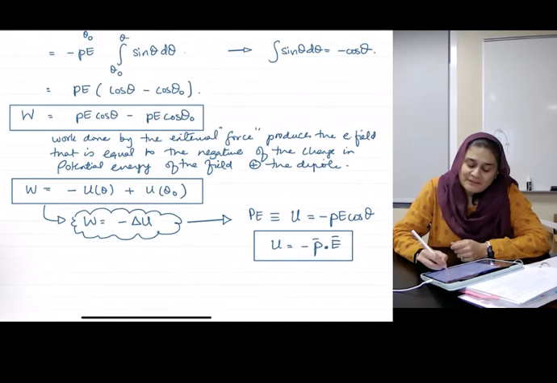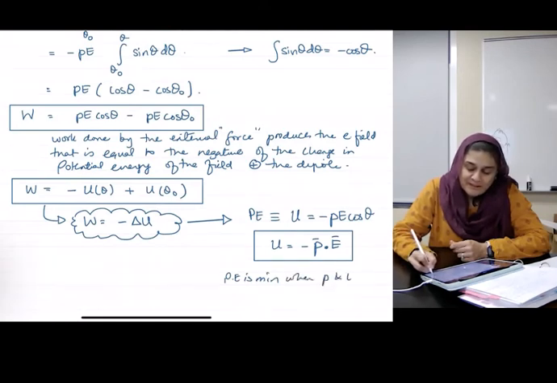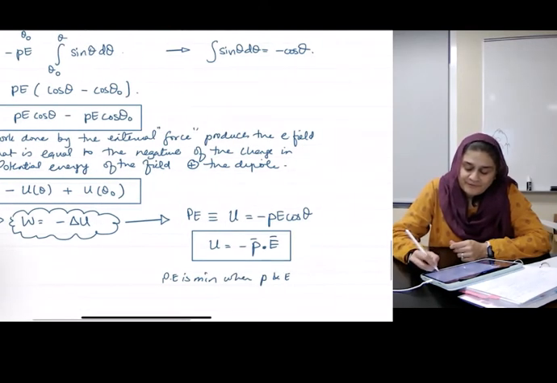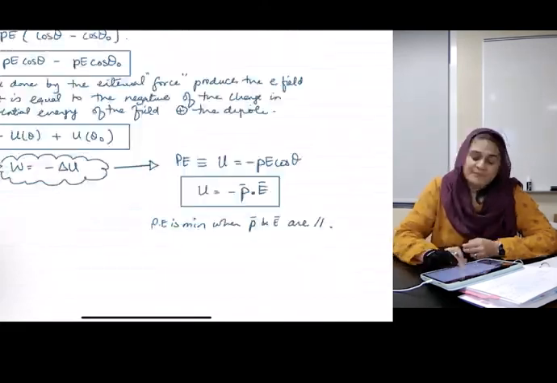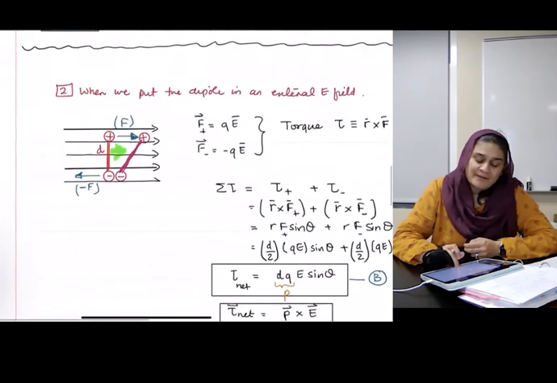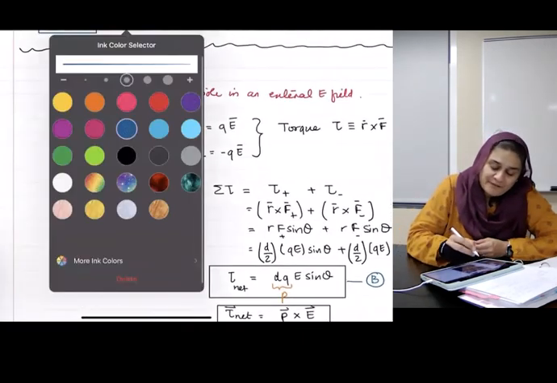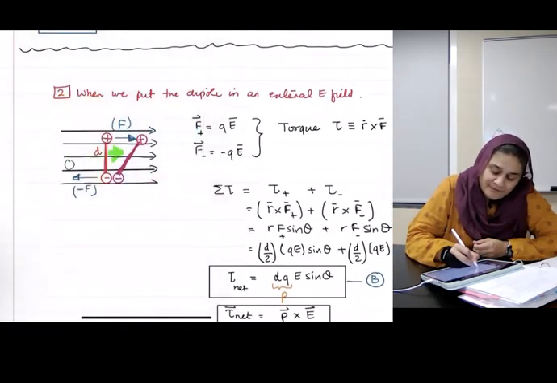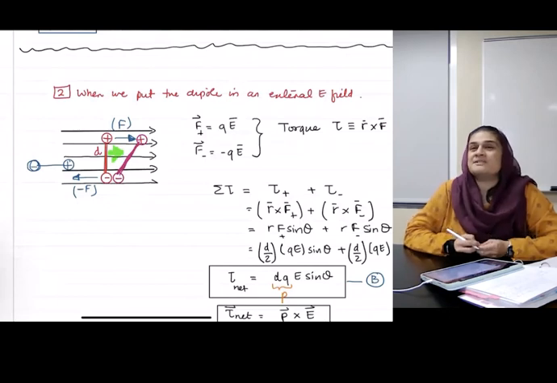When will potential energy be minimum? When P and E are parallel. What does that mean? That means if the dipole is shaped like this, will it experience any torque?